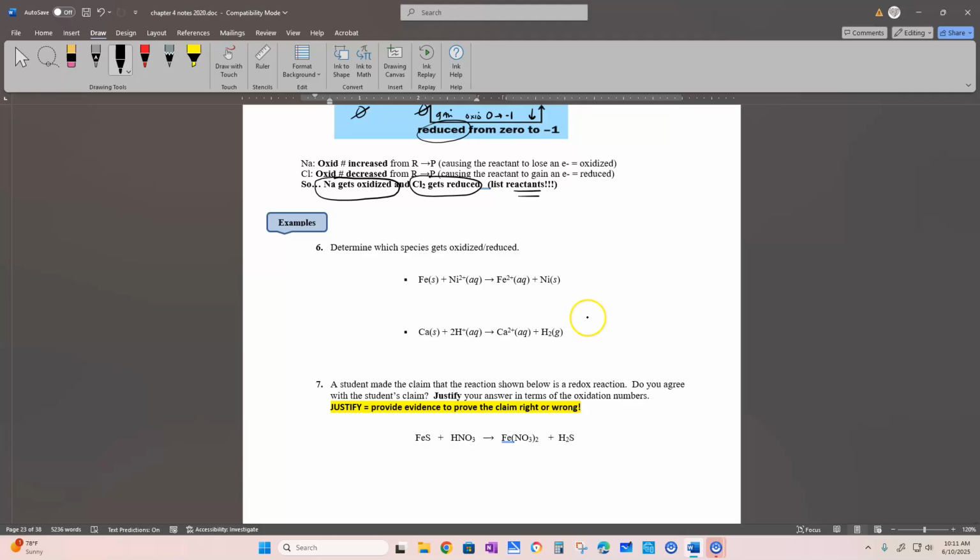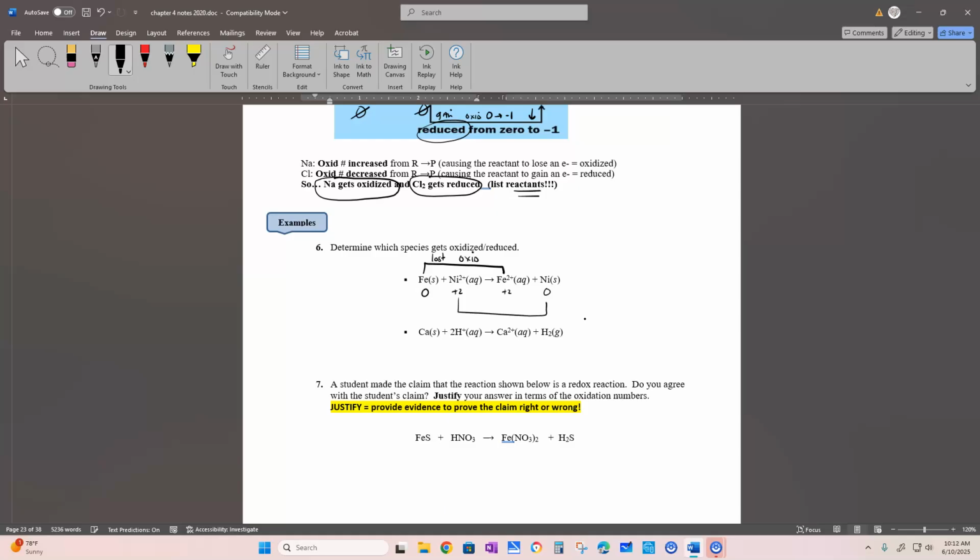Okay. I have iron neutral, 0. Nickel I see +2. Iron I see +2. And nickel neutral by itself, elemental form. Iron went from 0 to +2. Well, it looks like he lost electrons. Because he lost, that means he was oxidized.